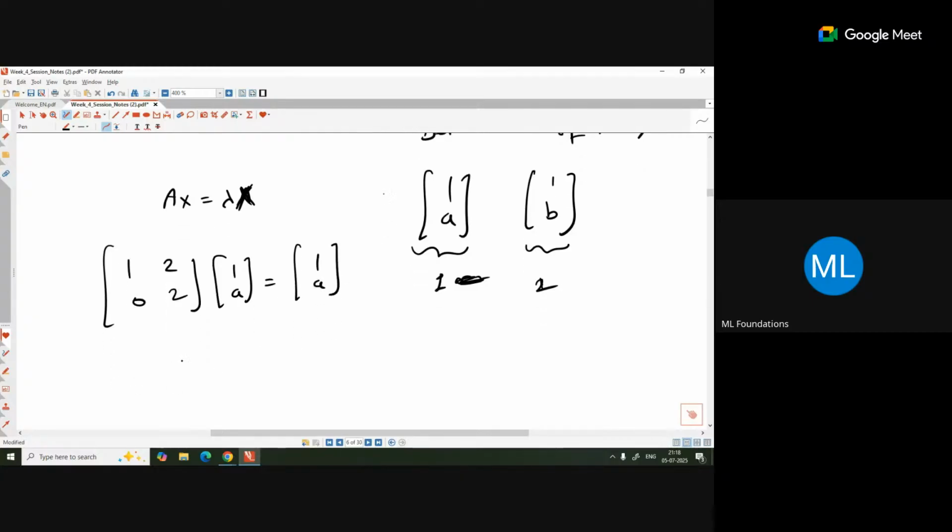This equation has to be satisfied for lambda equals 1. This 2 cross 2 matrix times a 2 cross 1 vector gives (1 plus 2a, 2a), which should be equal to (1, a). Is that fine?